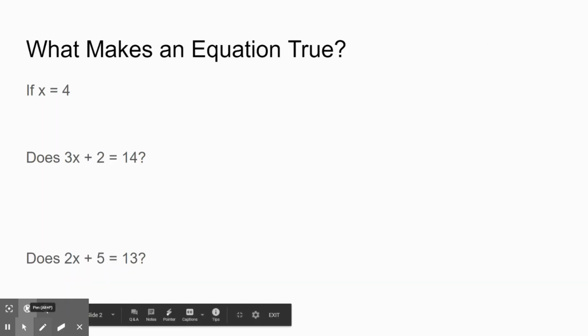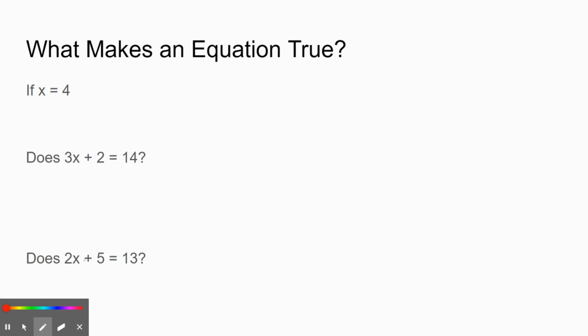So, if we look at this problem, we know that x is equal to 4. We want to check, does 3 times x plus 2 equal 14? The best way to do so is just to substitute your x with a 4. So we're going to rewrite our expression like so.